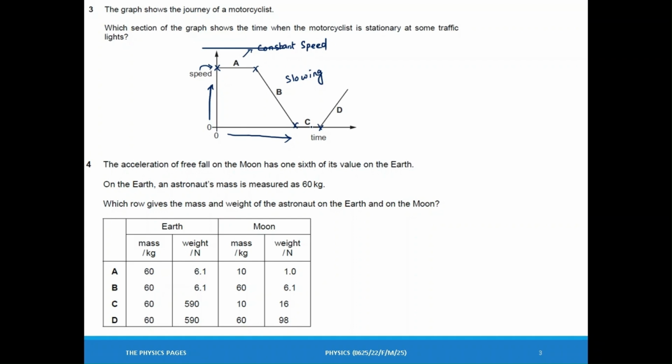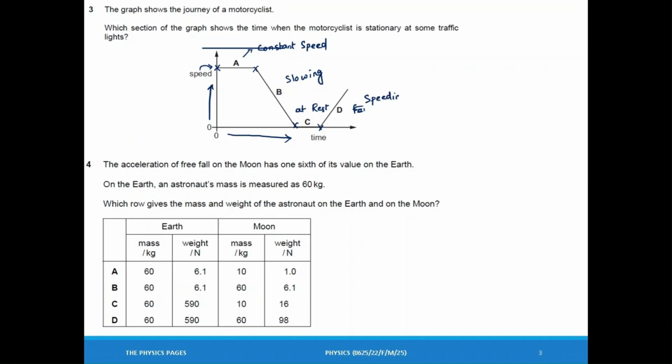So speed is zero. So we can say it is at rest or stationary. Then D is the option in which it is moving forward, or you can simply say it is increasing the speed or speeding up.